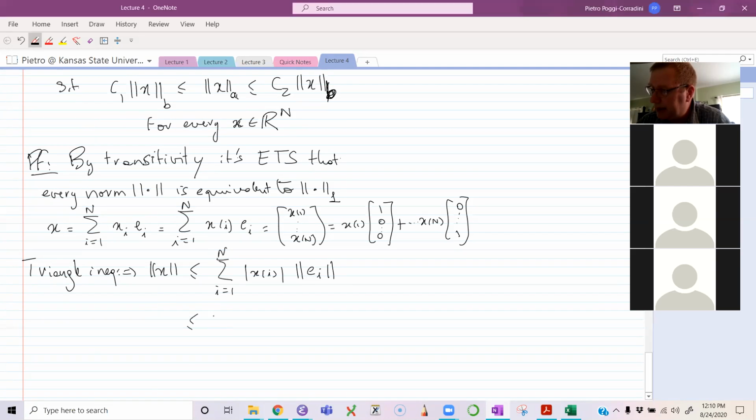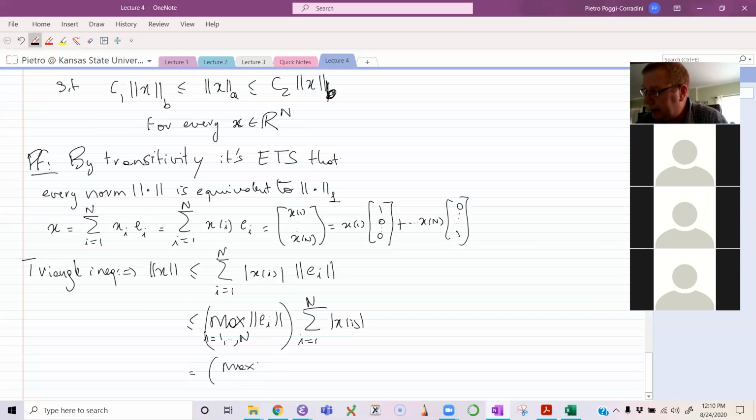So this is less than the maximum of the norm of ei when i goes from 1 to n, times the sum of the xi. But now the sum of the xi is the one norm. So we get max of the norm of ei times the one norm of x.